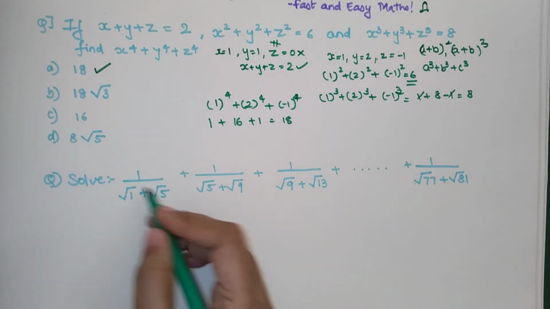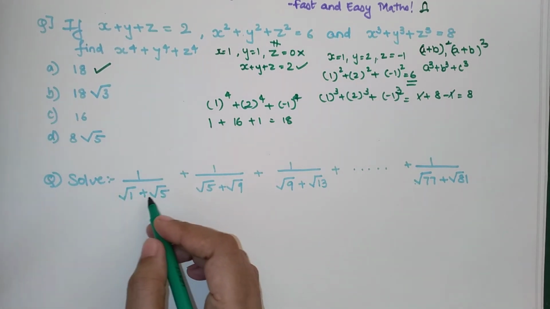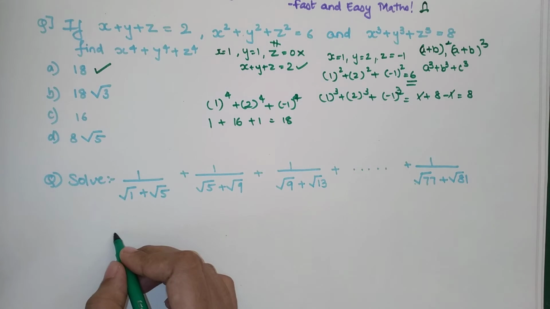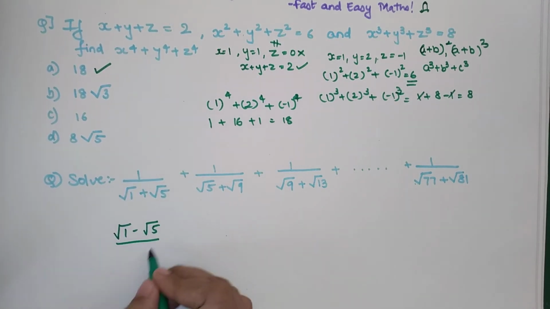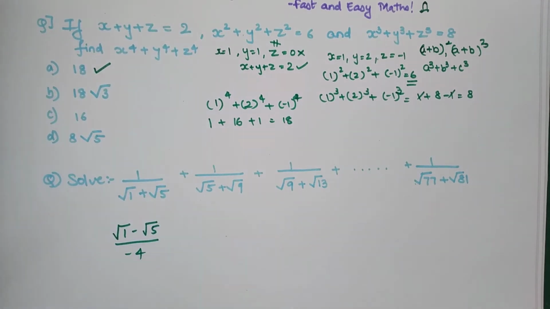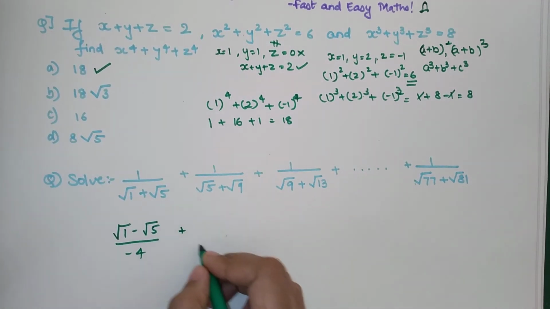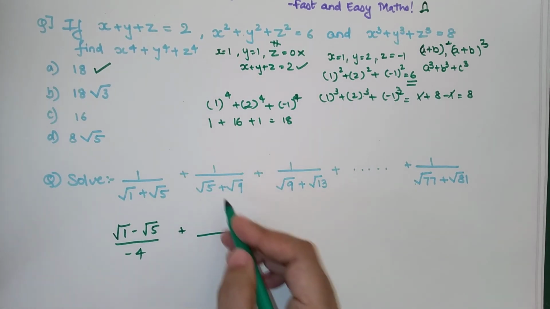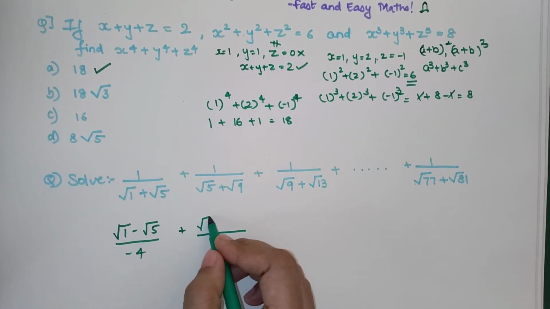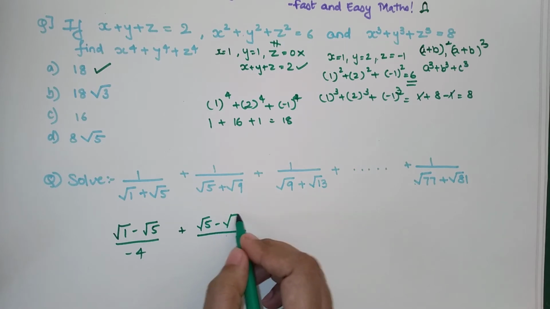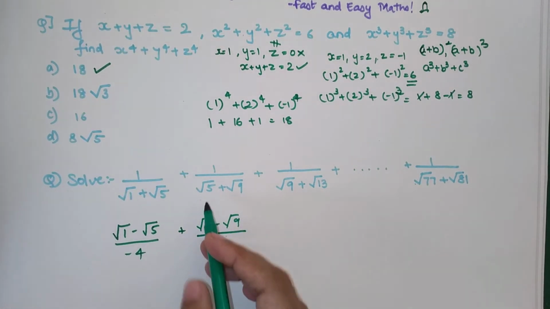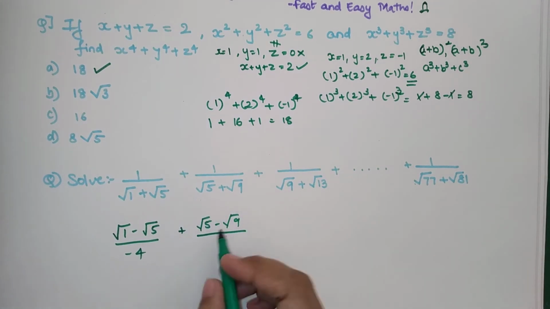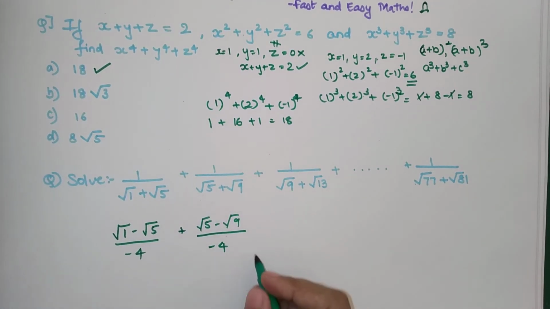So when I do the conjugate of root of 1 plus root of 5, that gets you root of 1 minus root of 5 in the numerator, and in the denominator 1 minus 5 gets you minus 4. Similarly, if I take the conjugate of the next fraction, I get root of 5 minus root of 9 on top, that is the numerator, and in my denominator 5 minus 9 gets you minus 4.